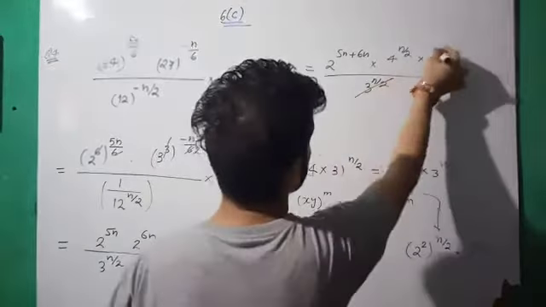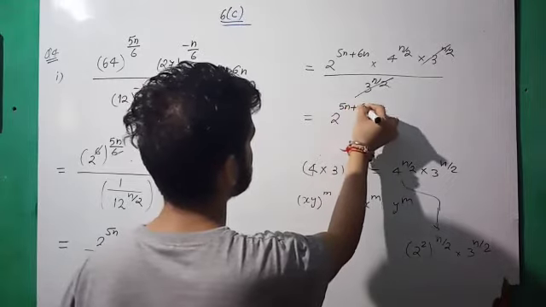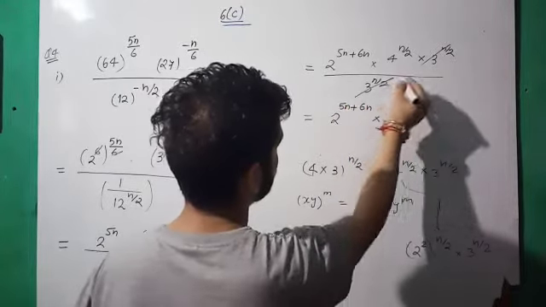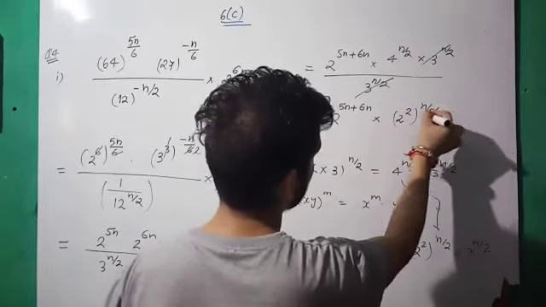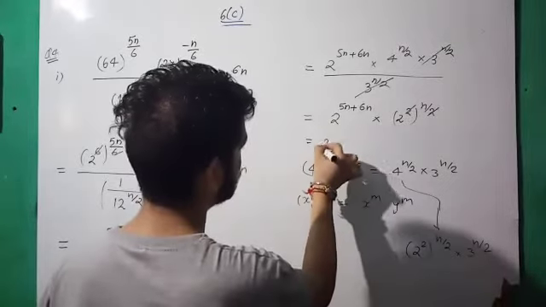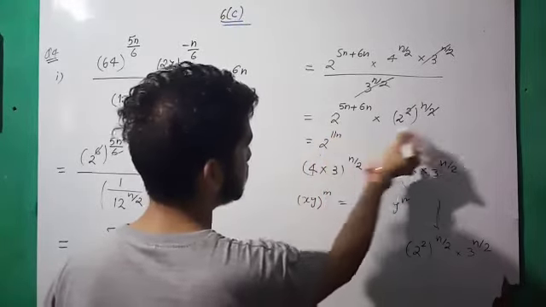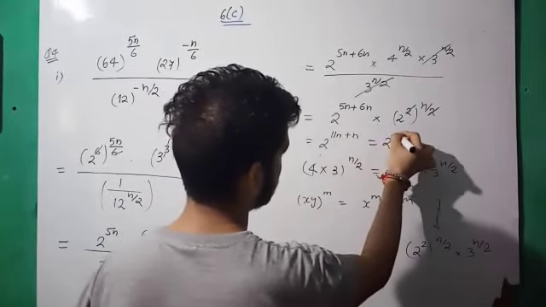Yes, easily. So we have 2 to the power 5n plus 6n into (2 to the power 2) whole power n by 2. The 2 and n by 2 give 2 to the power n. Adding 11n plus n, that is 12n. So our answer is 2 to the power 12n.